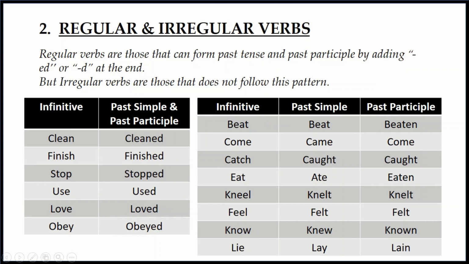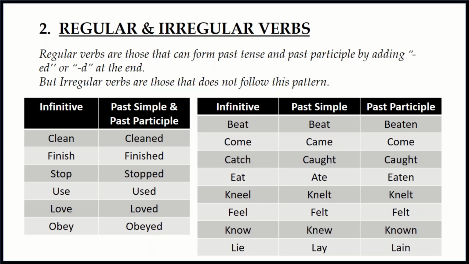Then we have regular and irregular verbs. The regular verbs end with ed or d at the end. So just like clean, the past simple or past participle will be cleaned. So cleaned, finished, stopped, used, all of them can be past simple and past participle.